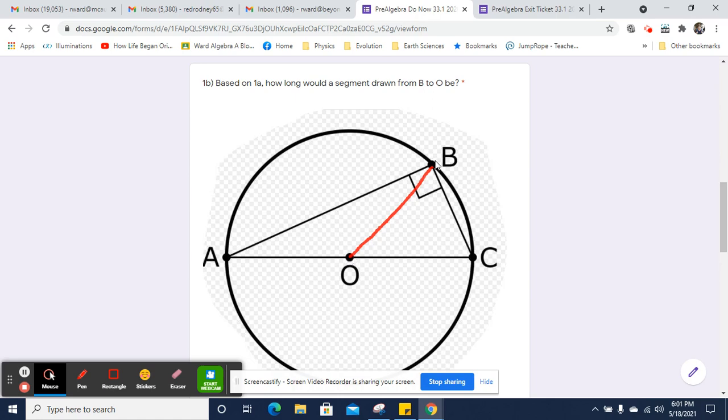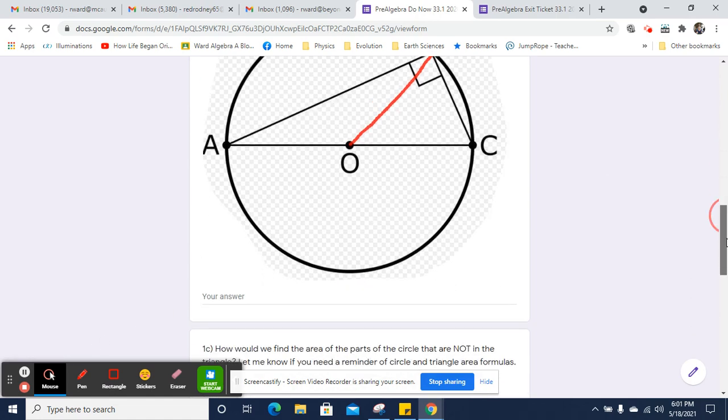Well, that segment is actually going to be the same as from O to C or O to A, because it's a radius, and all the radii of a circle are going to be the same. So since we know AC is 26, then OB has to be 13.